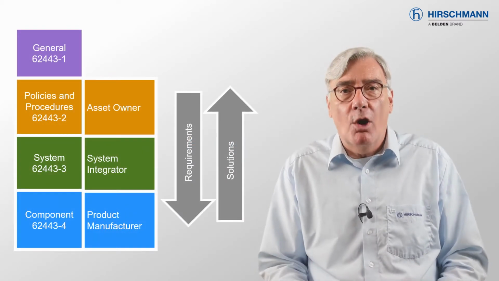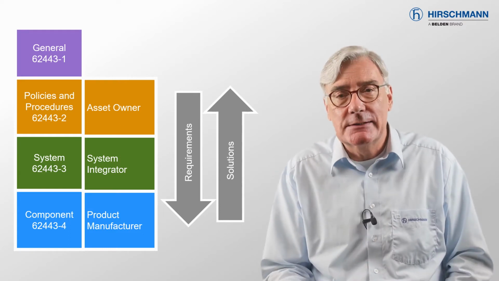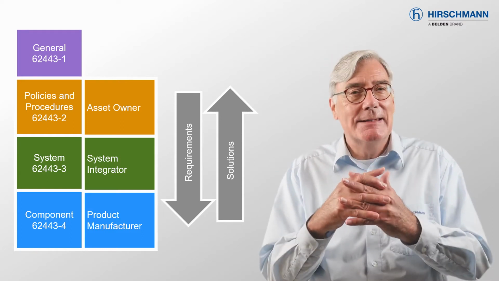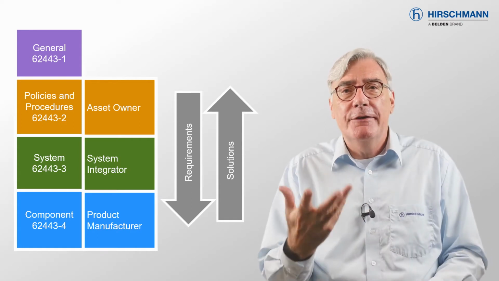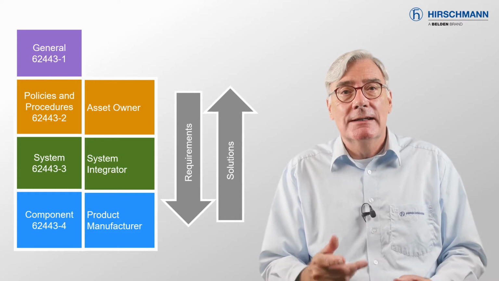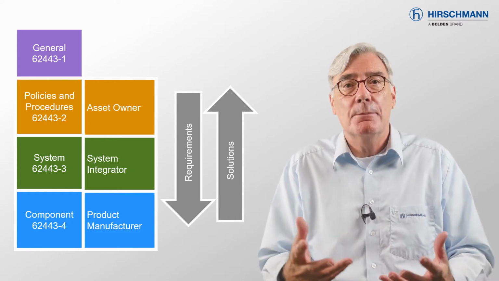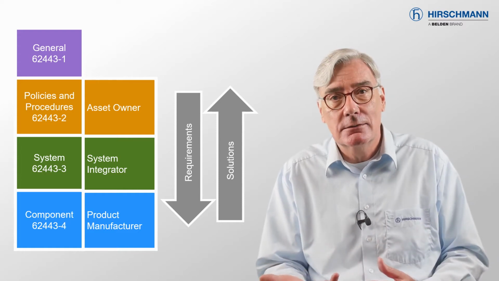We've looked at the roles defined within the standard, and we've looked at the categories. So, how are these mapped? If you are an asset owner and you want to secure your network, 62443-2 will help you to set up cybersecurity policies.